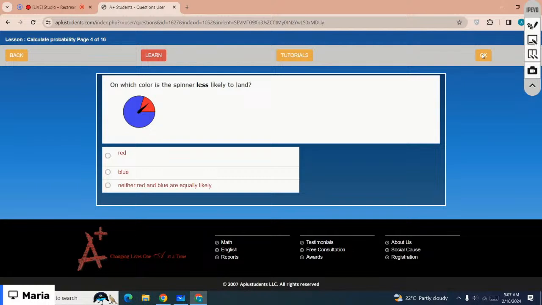Yes, the correct option is red. Why? Because you have less red portion on the spinner, so it is less likely to land on red. Got it? The correct option is red.